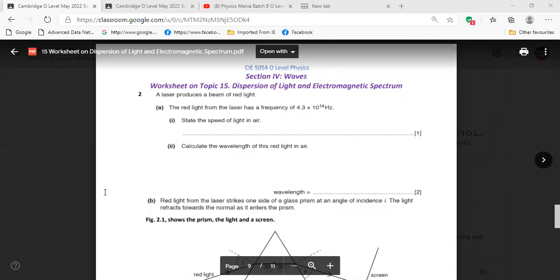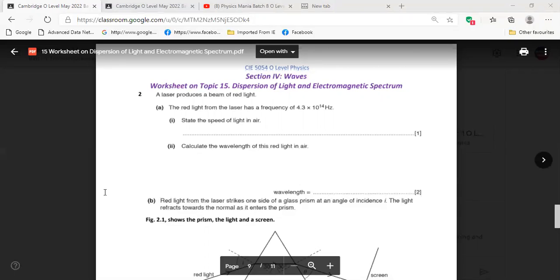What is the speed of light in air? You have to just memorize it, right? In our last topic also we learned that speed of light in vacuum was 3 into 10 to the power 8 meter per second, right? Yes, sir. So that is also the speed of light in air. Is it clear?